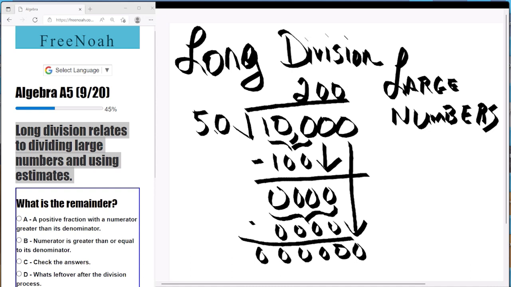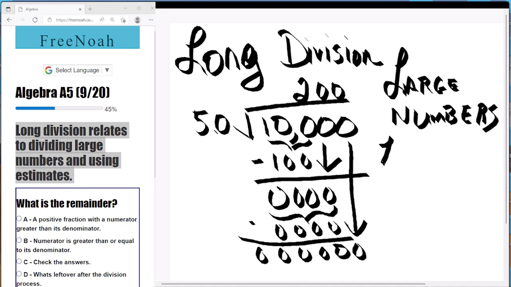So we place another 0 right next to the 20 that we've already solved for, giving us a quotient of 200. All right, and after that, there's really no more place values that we can drop, so the quotient is 200. So ultimately, 10,000 divided by 50 gives us a quotient equal to 200.